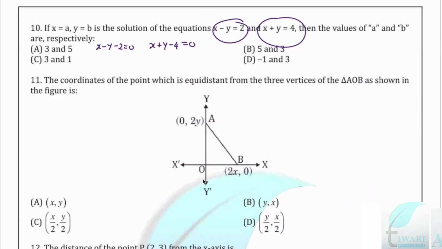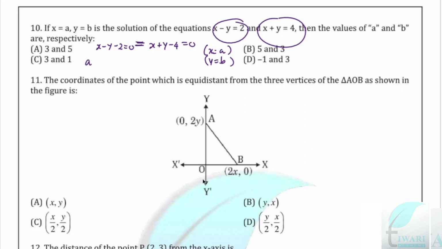Both equations hold only when x equals a and y equals b. So what we have to do is replace x and y with a and b.